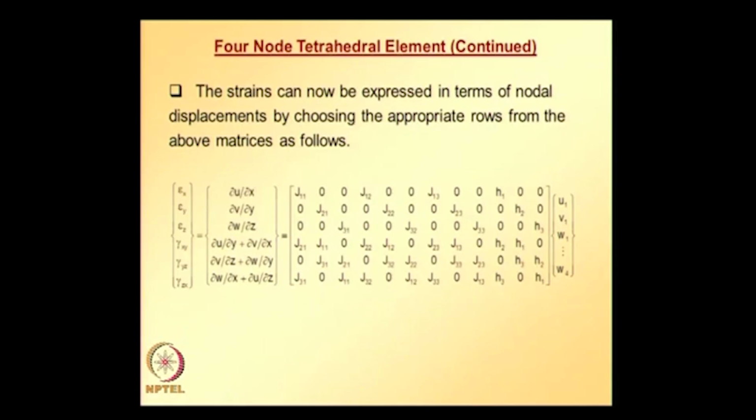Putting together all that information, and substituting the partial derivatives of displacements with respect to x, y, z, we get the right hand side, which relates strains with nodal displacements and which can be compactly written as epsilon is equal to B transpose d.